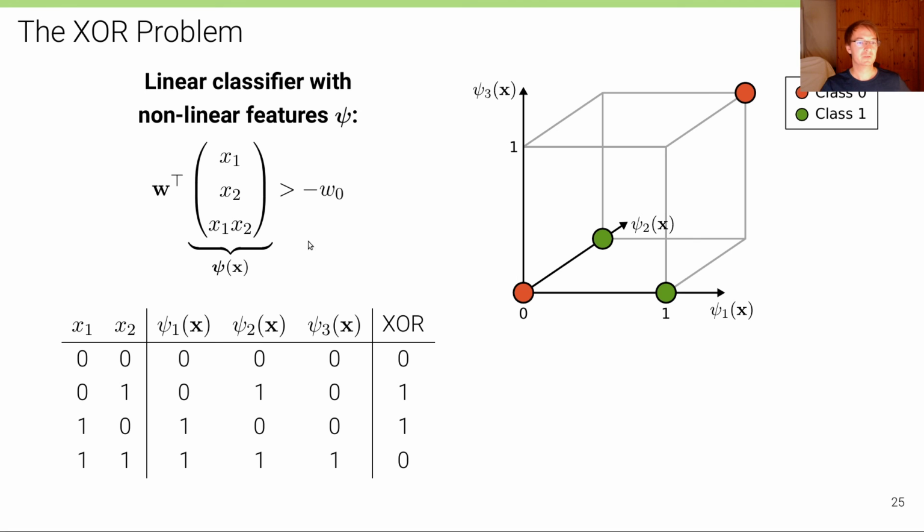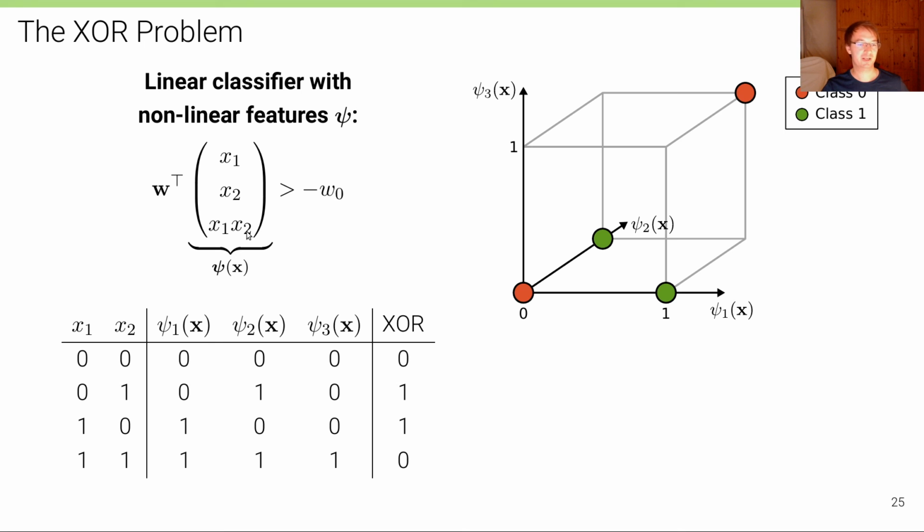For instance, instead of considering the vector x directly, we can consider the feature vector psi of x, as x concatenated with the product of x1 and x2. So we have the original x1 and x2, this is the original vector x, and now we have concatenated it with x1 times x2.